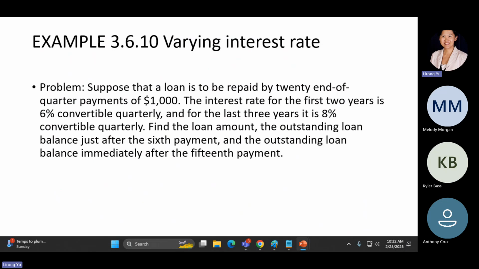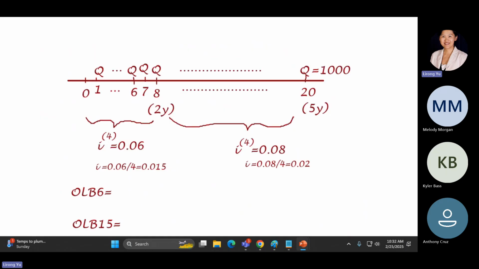Find the loan balance just after the 6th payment and the outstanding balance immediately after the 15th payment. So we're calculating 2 of the loan balances. They will be a little bit different in either case. This assumes the interest rate change has been negotiated, already understood or agreed on.